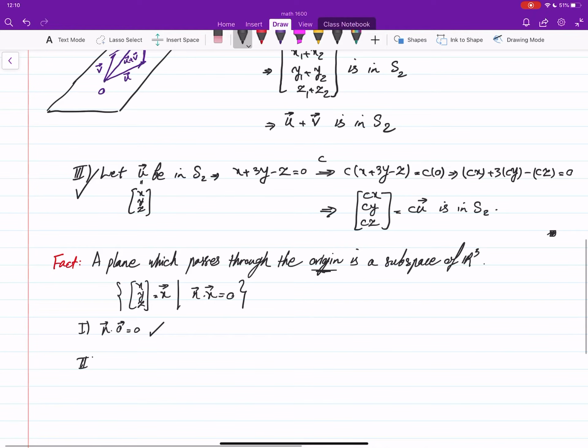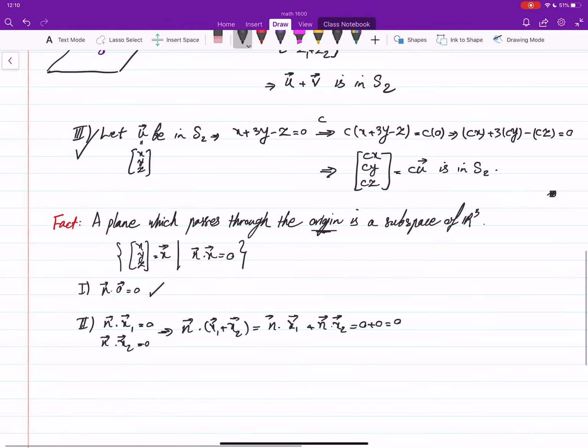The second one is that if n dot x1 is equal to 0 and n dot x2 is equal to 0, then you can conclude that n dot (x1 plus x2), which is n dot x1 plus n dot x2, is also 0 plus 0, which is 0. So that means that it is closed under addition.